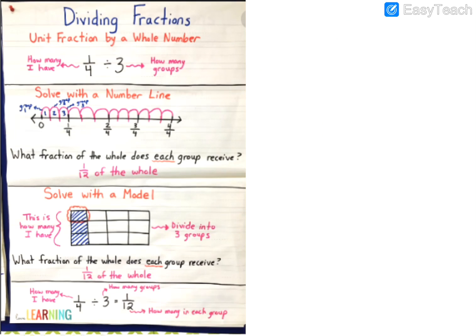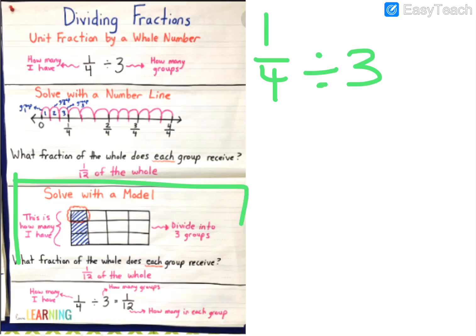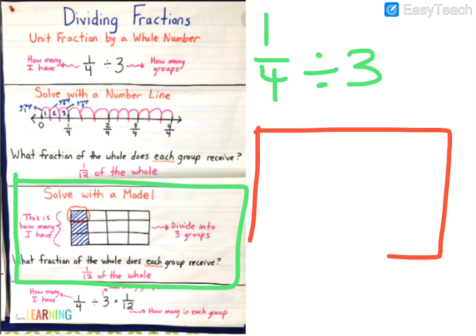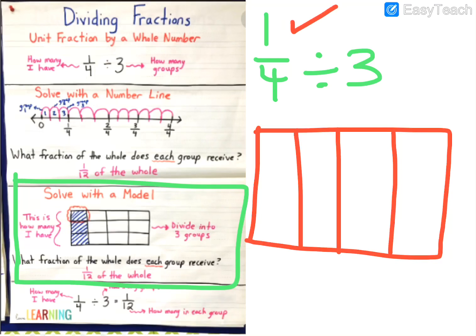The other type of problems that we have is when we start with the actual unit fraction and then we want to divide it by a whole number. So we're starting off with 1/4 divided by 3. And so those models look a little bit differently. You can always go back to this anchor chart and review what that looks like. And since we have 1/4, that's because that first number is what you start with.